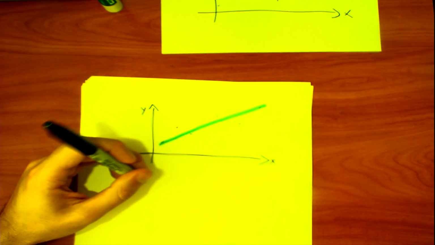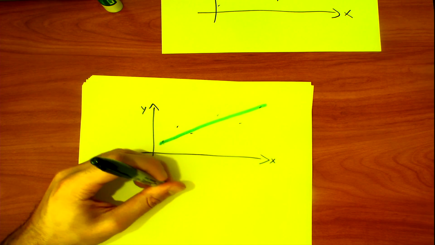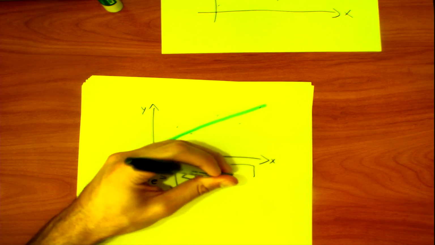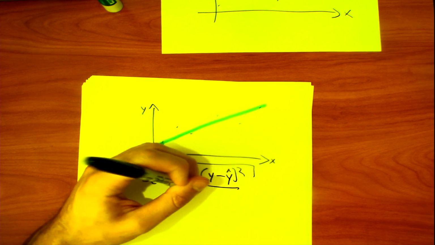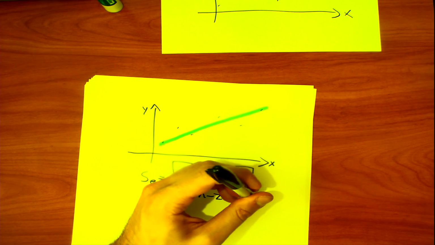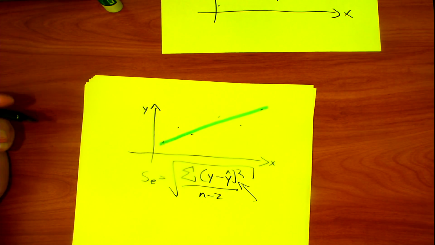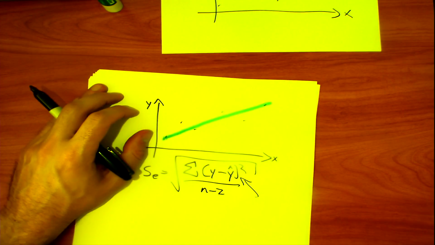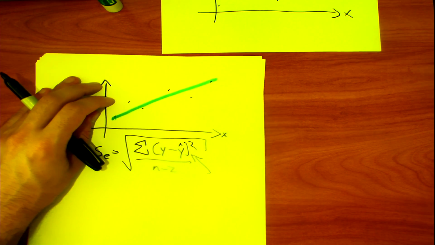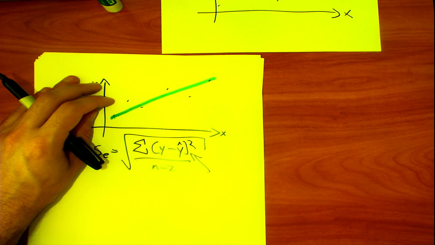If you look at the equation for standard error, it's the square root of the sum of the squares over n minus 2. This term in the numerator is sometimes called the sum of the squares of the residuals.